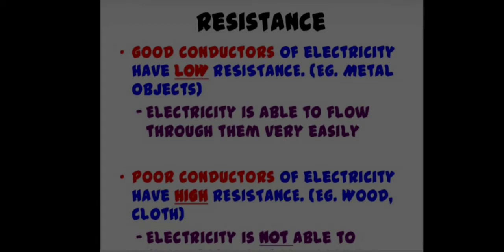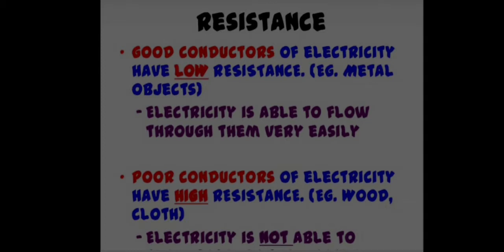Understood? So now what is a poor conductor? A poor conductor has high resistance. Because of high resistance, the electric current flowing through the conductor is very less. That is why it is also called a poor conductor.